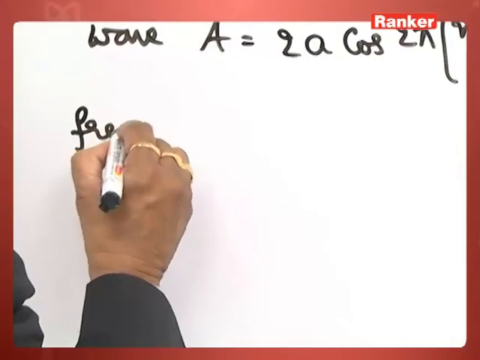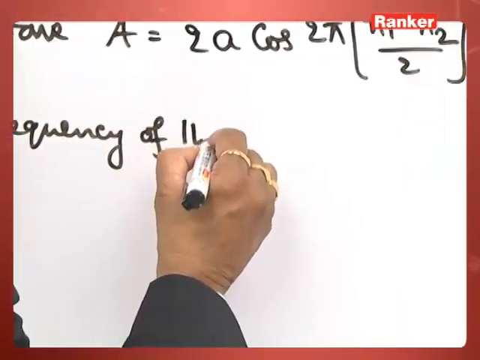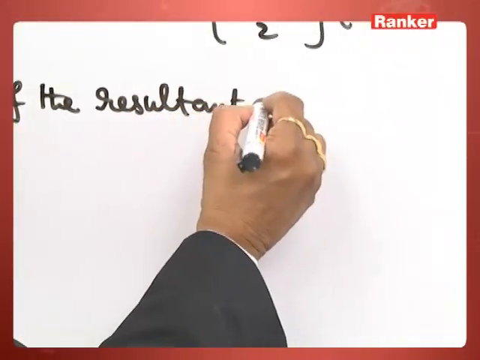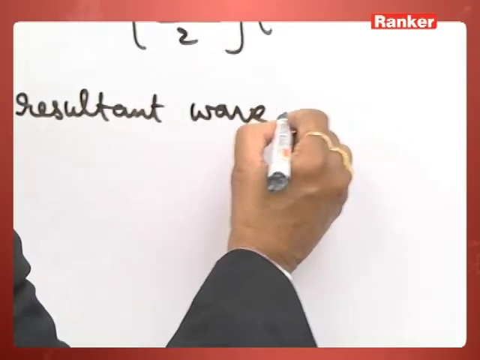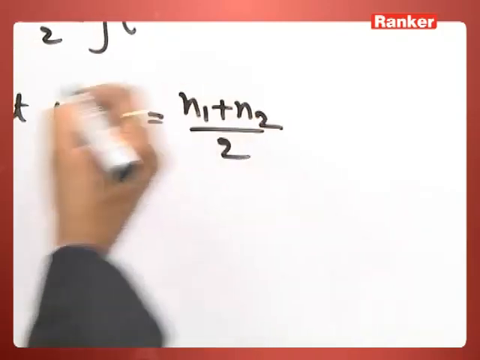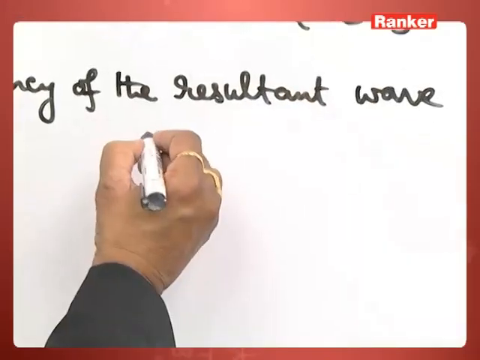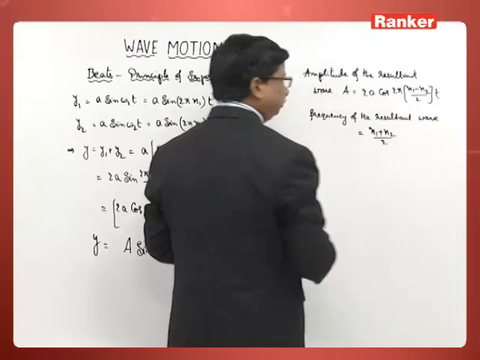What is the frequency of the resultant wave? Suppose if I want, that can be written as n1 plus n2 by 2. So, the frequency of the resultant wave whenever we consider, it is n1 plus n2 by 2.